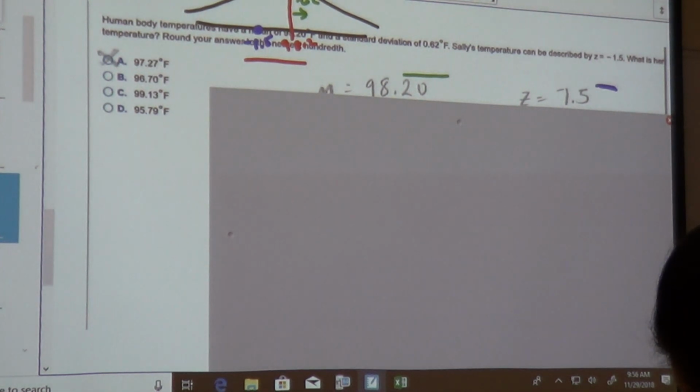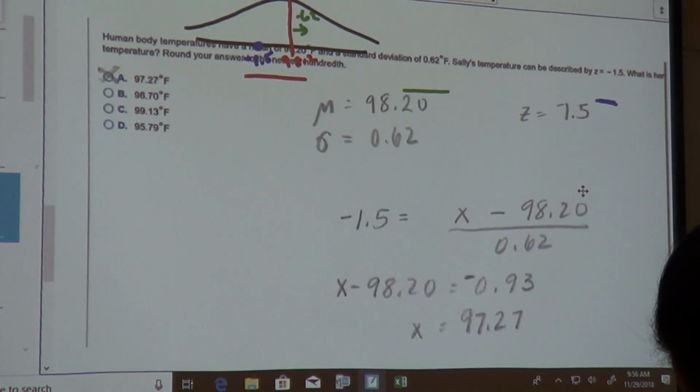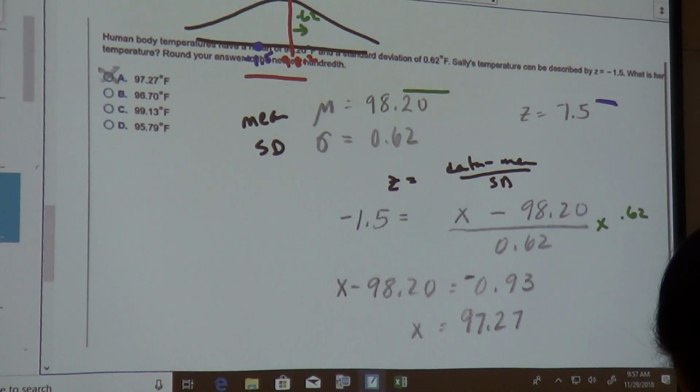Miss Sally helped me work some of these problems out. She just did it in a little less steps, and she didn't draw the picture. This is the mean, this is the standard deviation, that's the z-score, and she didn't write z equals data minus mean over standard deviation and times 0.62.